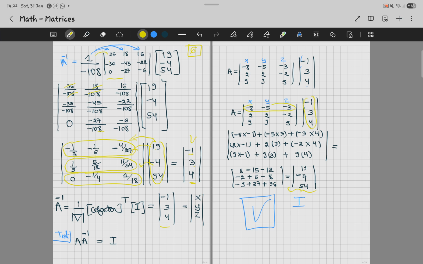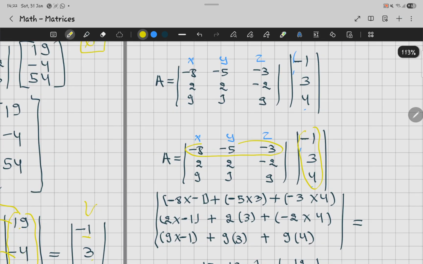Okay, and the final answer. What you see is when you do the verification, and remember I said it's the multiplication of this matrix and the other one. That's why you see -8 times -1, that's 1. -5 times 3, -3 times 4. Okay, and then 2 times -1, 2 times 3, -2 times 4.